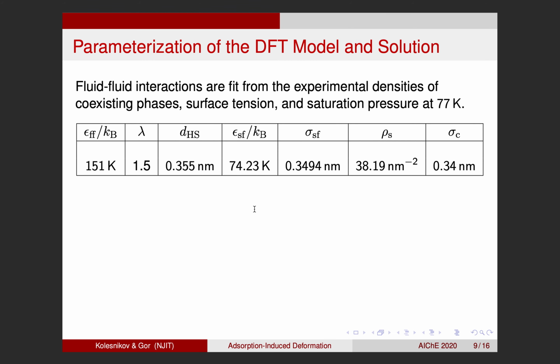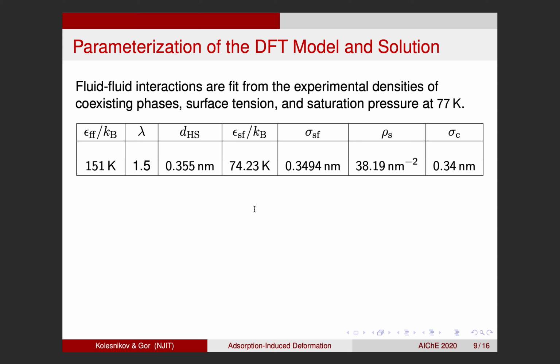So the key thing here, since we introduced simplified fluid and solid-fluid potentials, is to fit the parameters from the experimental data, for the fluid to represent nitrogen with a square well fluid, right?